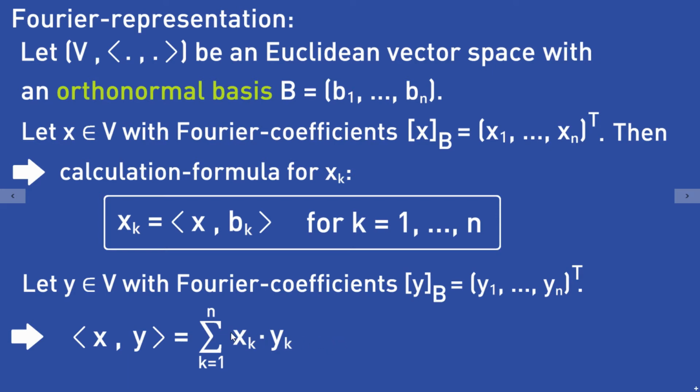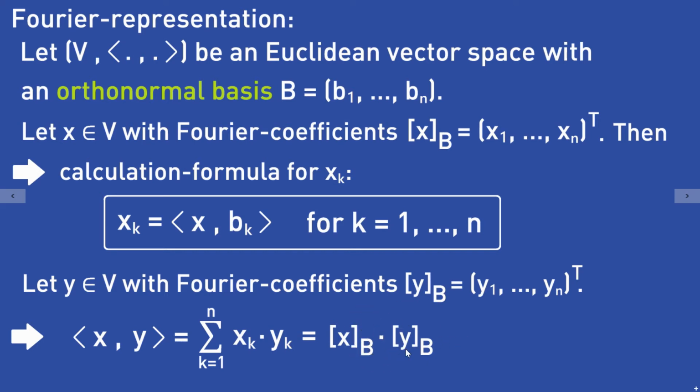This sum here is the standard scalar product of the coordinate vector of x with respect to b and the coordinate vector of y with respect to b in Rn. You can denote the standard scalar product in Rn by using a dot. So you get this here in the end.